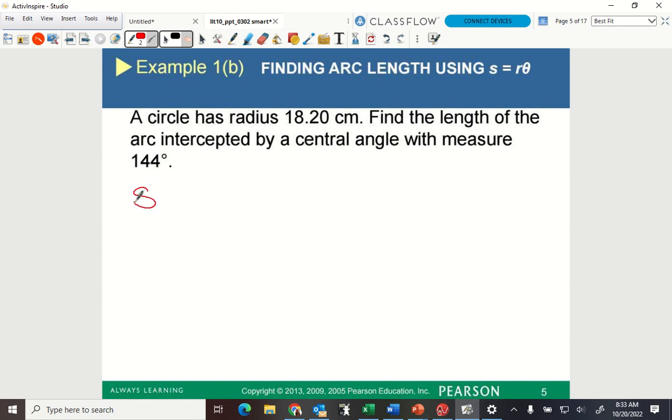I'm still looking for S, right? Equals R, 18.20. Now, right here it's going to be the angle, but it has to be in radians. Is there a formula to convert from degrees to radians? What was it?